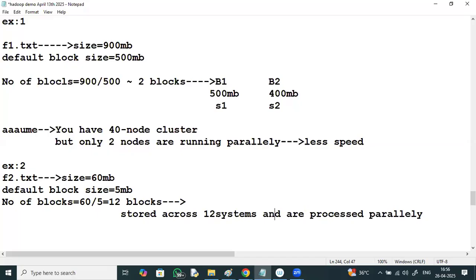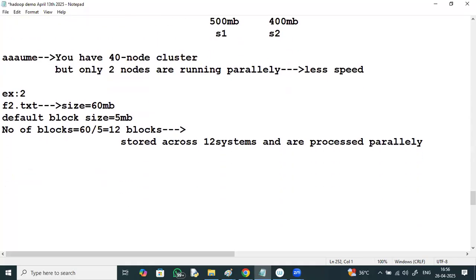Is it an advantage or a drawback? 12 blocks stored across 12 systems and are processed parallelly. You will get high speed, the speed will be high, processing will be high, but the resource utilization will be high as compared to the example one. Yes, exactly.